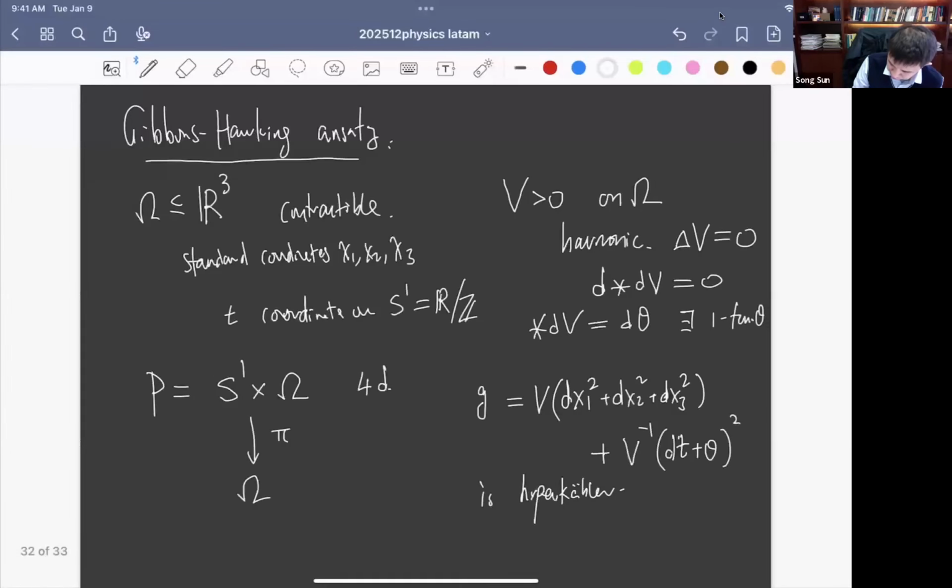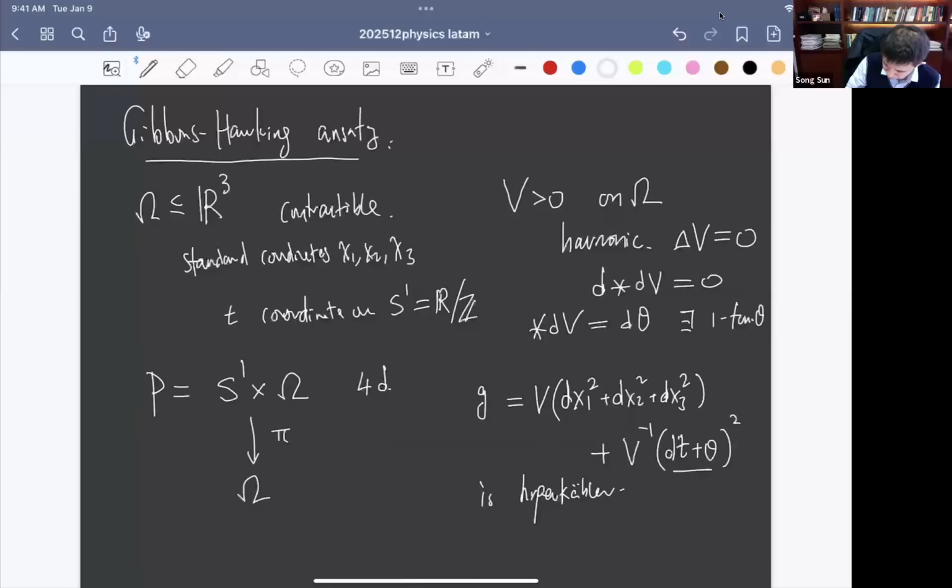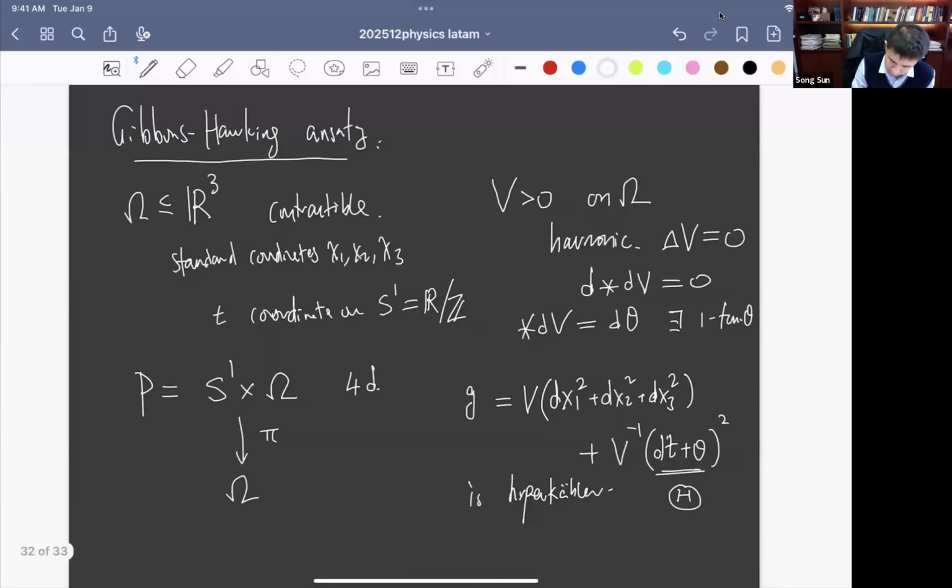Here we don't even need the fact we talked about before, because we can just write down explicitly three self-dual 2-forms, a hyperkähler triple. Let's denote this by capital Theta.